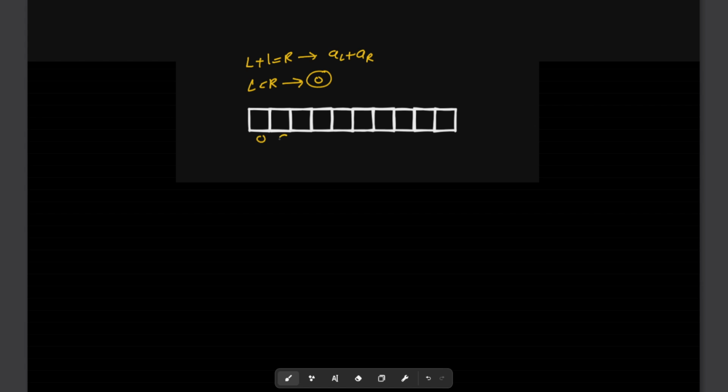So we are essentially merging these two into something, then this into something, then let's say these two are merged, these two are merged, and all this merging happens one after the other, and this will essentially create a binary tree.